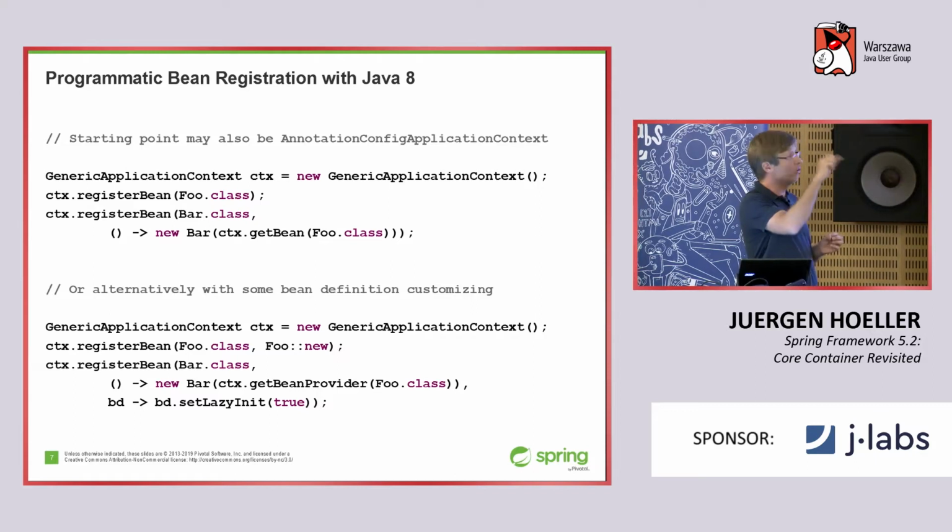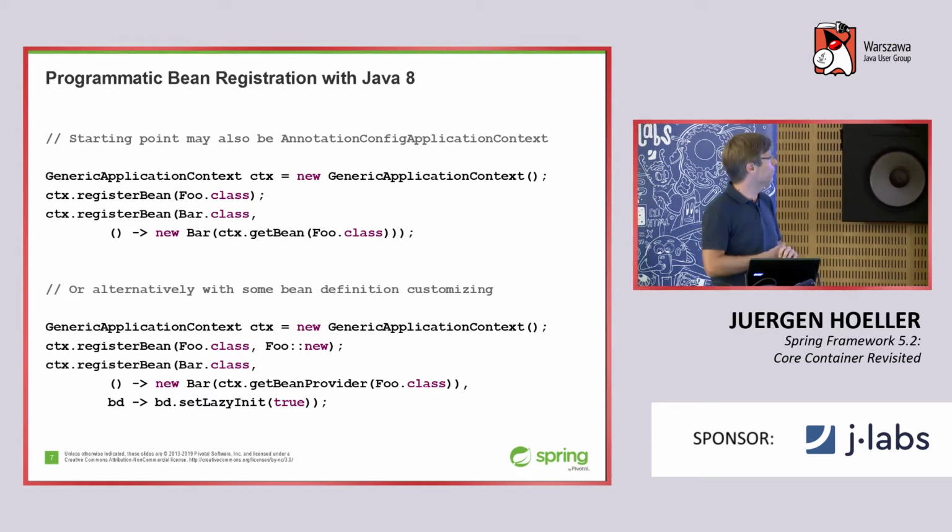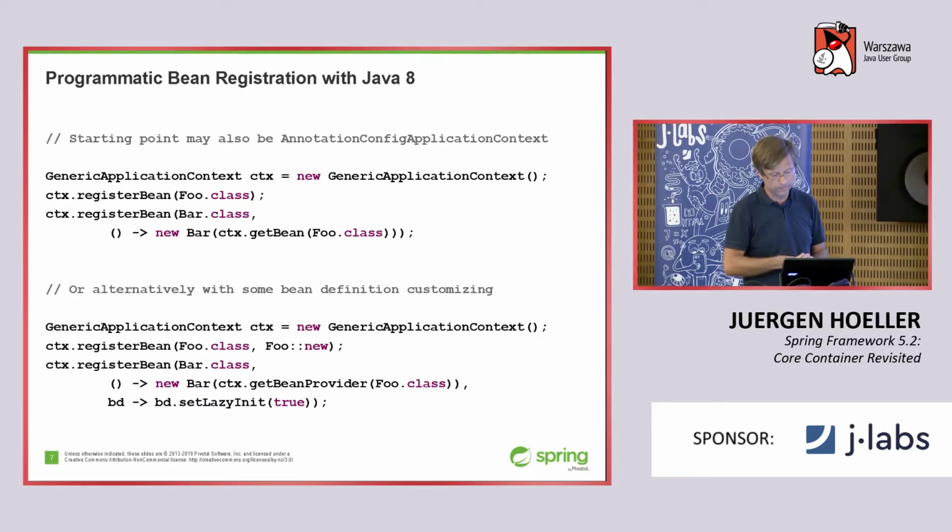So foo::new is a Java 8 method reference to the default constructor. That's a little bit of a cheap way out of reflection because it's a direct dispatch to that constructor through an invoke dynamic instruction in the bytecode. So there technically is no reflection in that scenario down here. No reflection at all, not even for calling the default constructor.